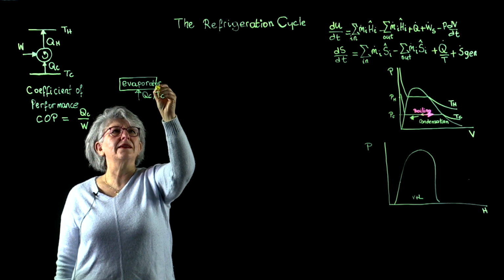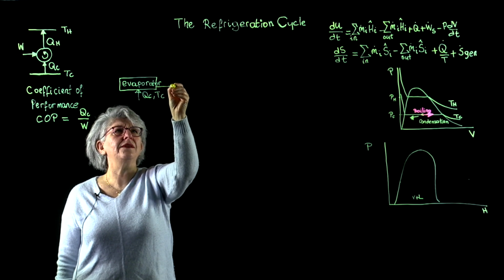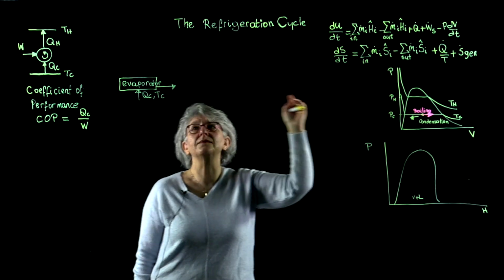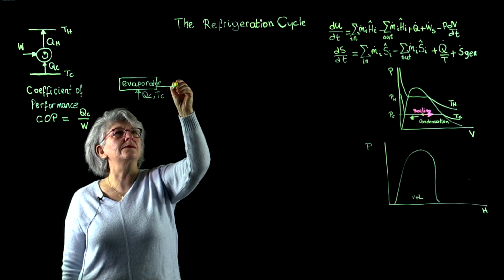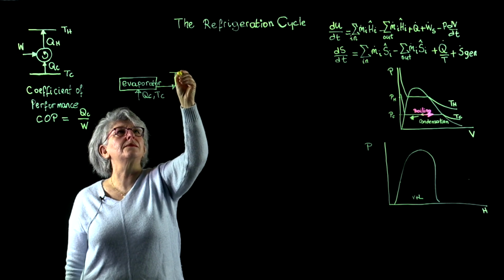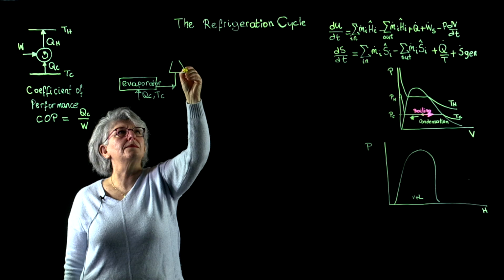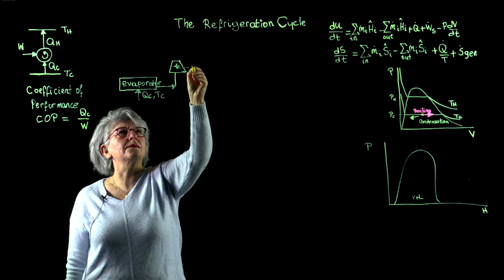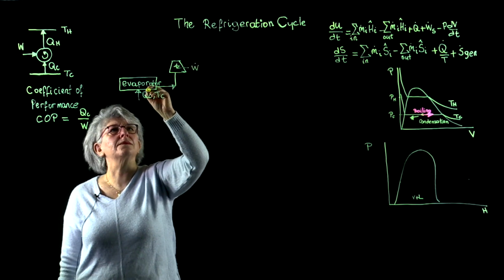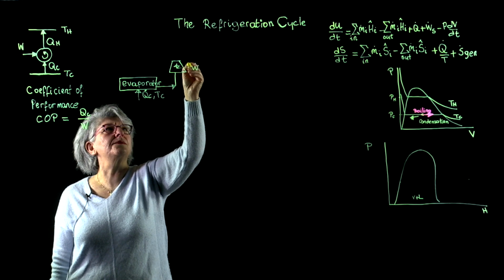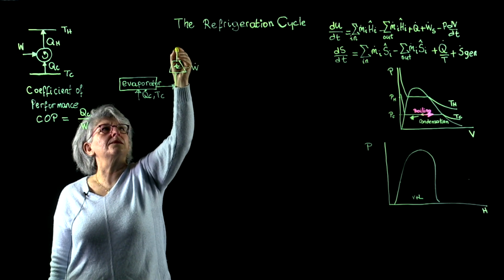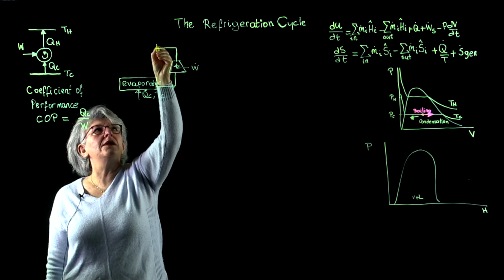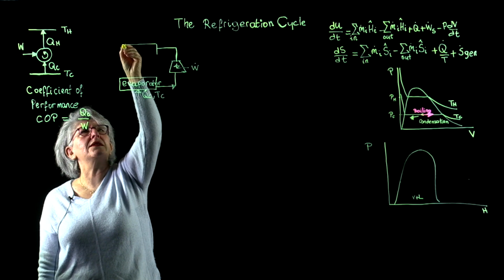I have a vapor which is at a lower pressure, which I need to compress by doing work on it. Let's put there dots. I'm going to take this compressed vapor into a condenser.